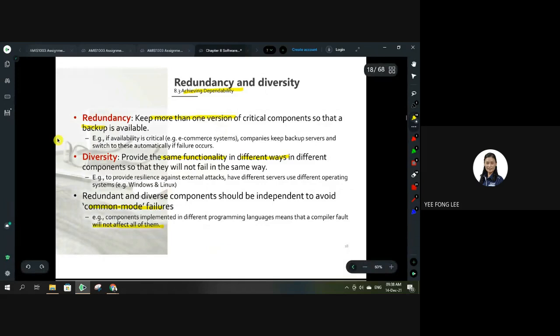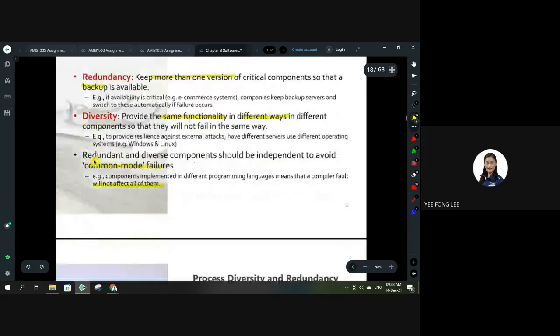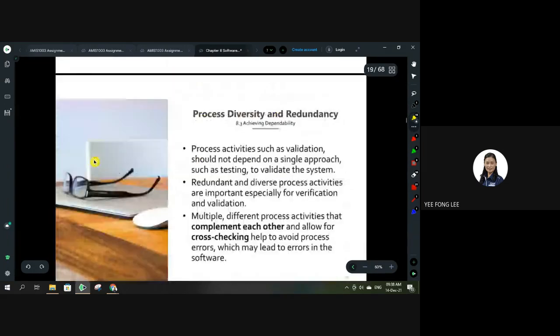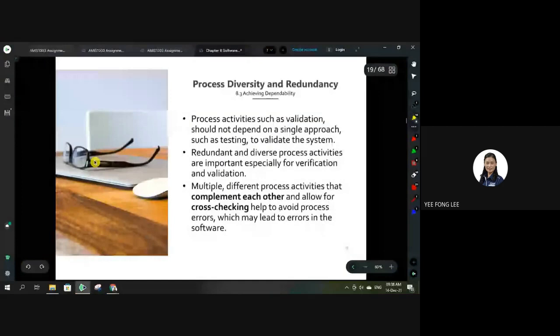Make it diverse. We back up, but we don't back up to the same disk. We back up to different devices, let's say cloud storage.